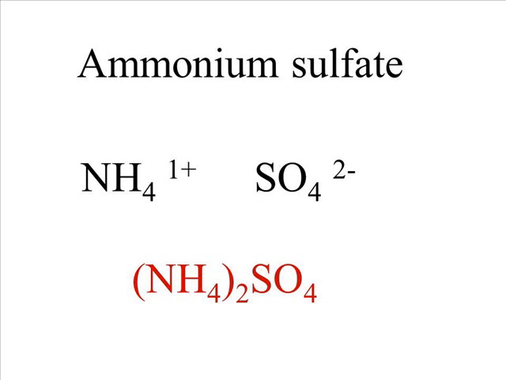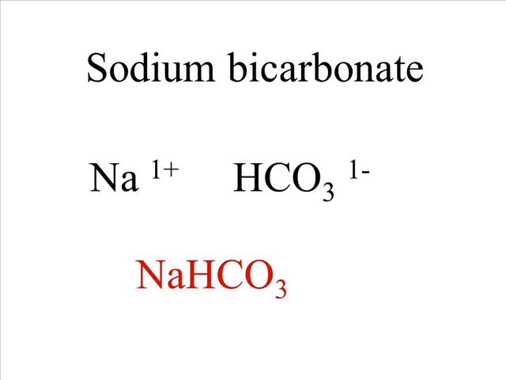Ammonium sulfate. Again, looking at the charges, you can see to balance the charge, you'll need to bring that 2 down around the ammonium ion, and you'll need to put parentheses around the ammonium ion. Sodium bicarbonate, equal and opposite charges, require no subscripts to be brought down.